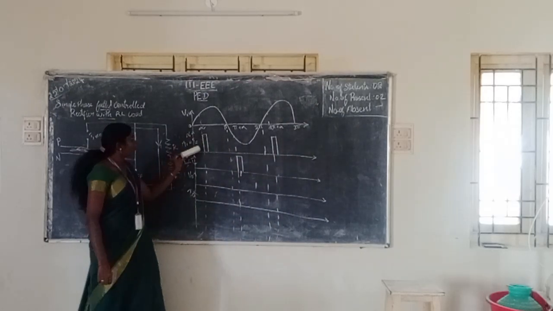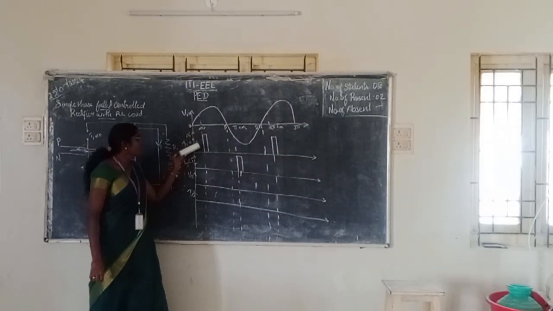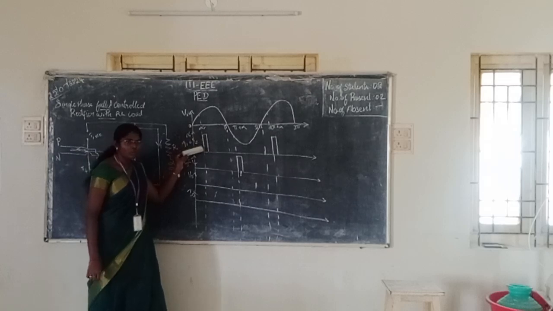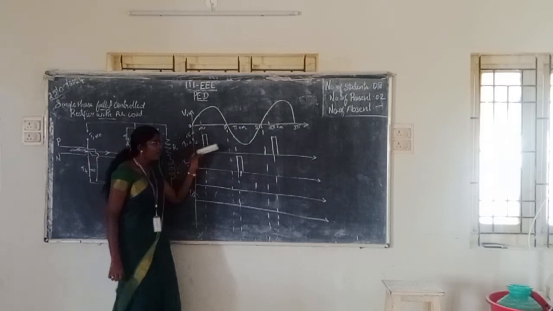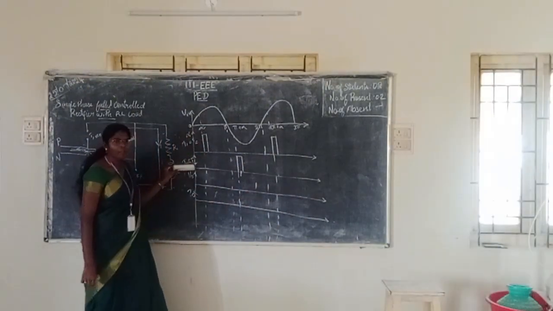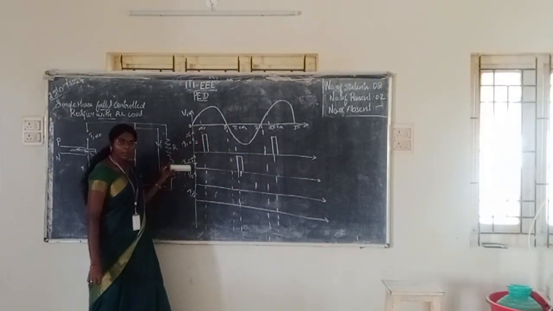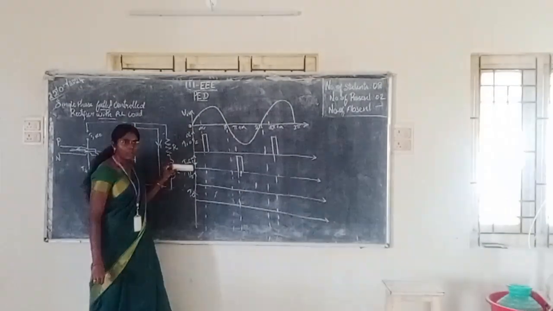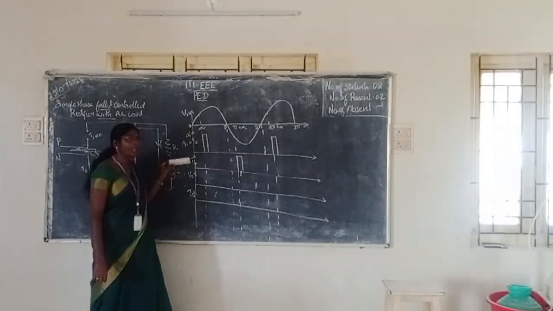Clear? So I am giving the alpha trigger pulses to T1 and T2, that is only for the positive half cycle, at alpha and 2 pi plus alpha here. And at pi plus alpha the pulse is given to T3 and T4, which trigger during the negative half cycle.